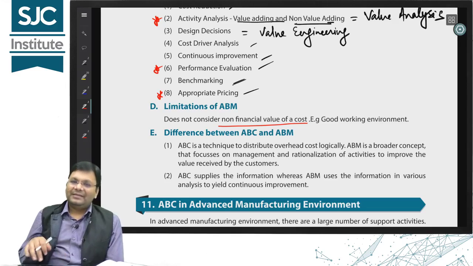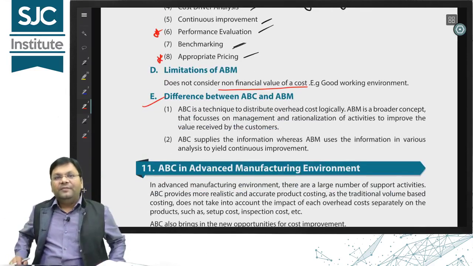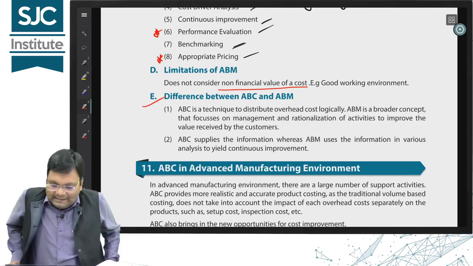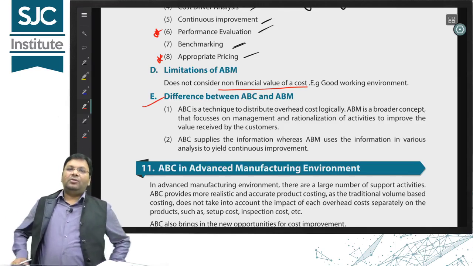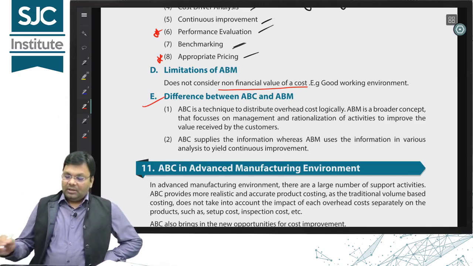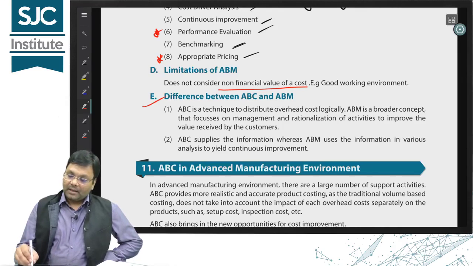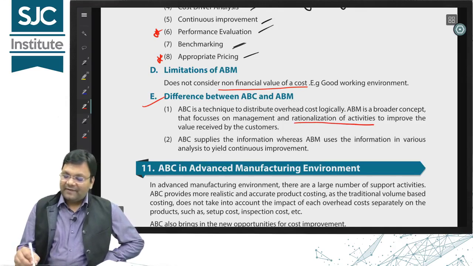And then there is a very famous question in the exam, difference between ABC and ABM. So you will say ABM is a broader concept which includes ABC in it. ABC is just about distribution of cost, but ABM is about how you will use the activities to produce the product. It is also about rationalization of activities.